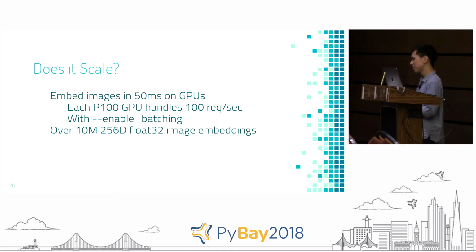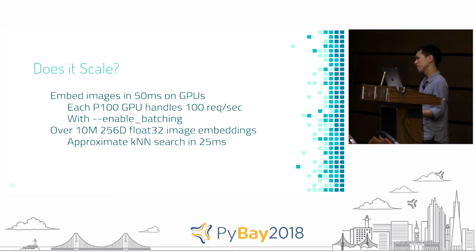And we have over 10 million image embeddings that we search over in our visual search engine. Our latent embeddings are 256 dimensions, and we use 32-bit floats. And we actually don't do a true KNN search.